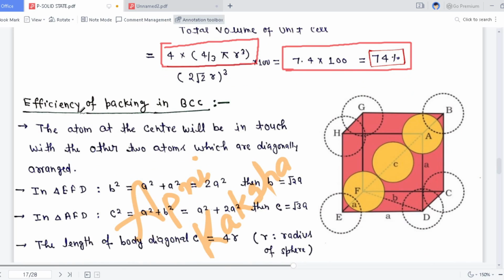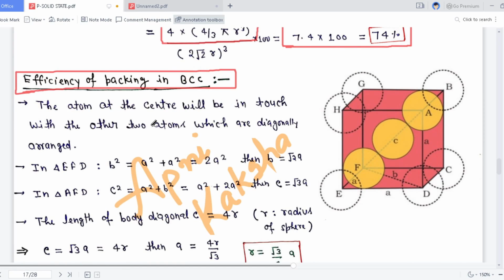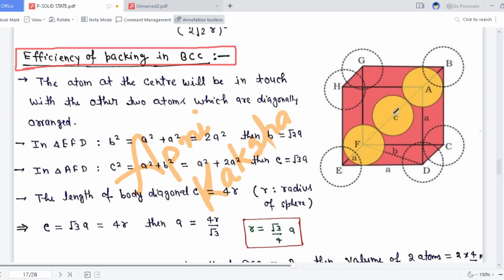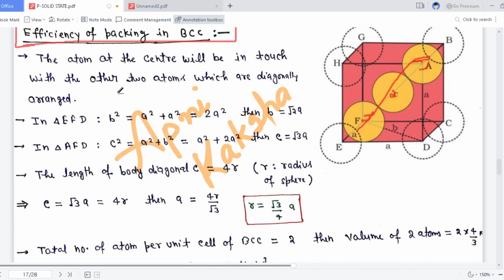Now we will be seeing the packing efficiency in BCC. In this, the atom at the center will be in touch with the other 2 atoms which are diagonally attached. So the 3 are touching each other, and by that we will be getting triangles.